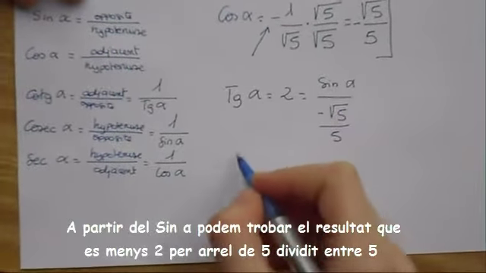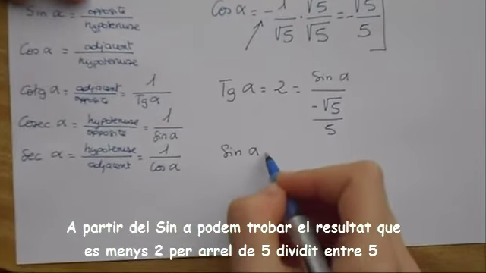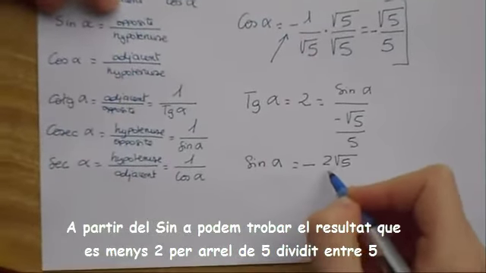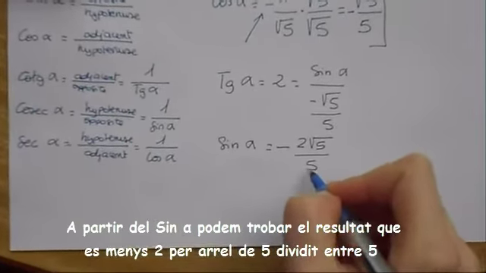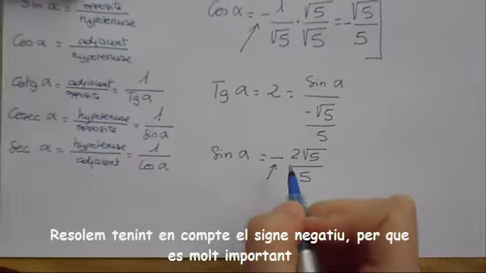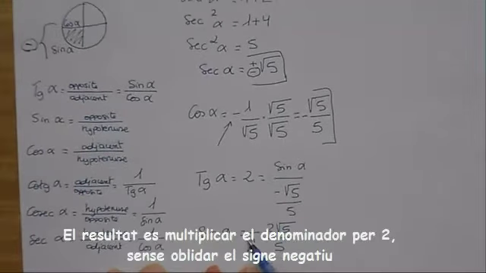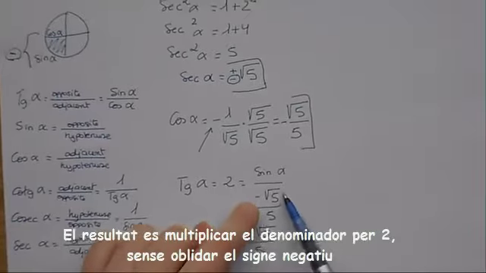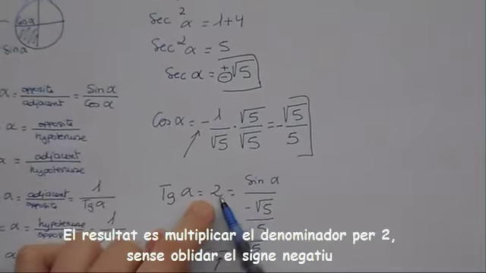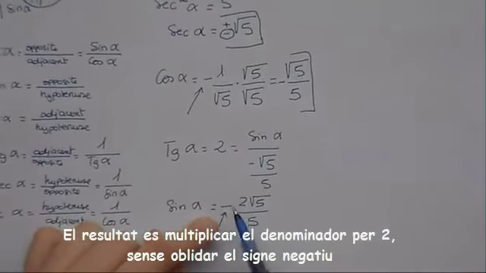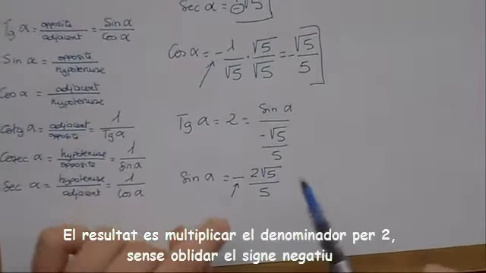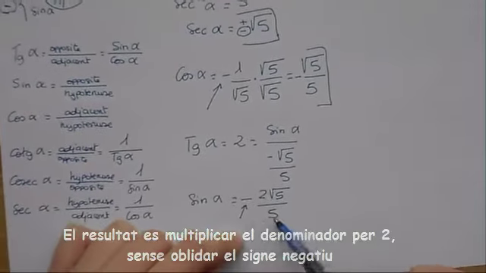We isolate the sine, and sine alpha is minus 2 root 5 divided by 5. Pay attention to the negative sign because it's very important. The result is from multiplying the denominator by the 2, and we don't forget the negative sign. And this is the result that we don't have to rationalize or simplify.